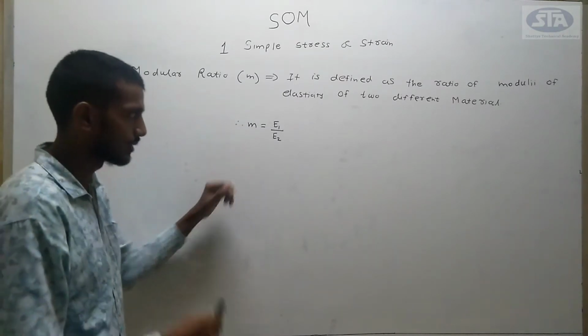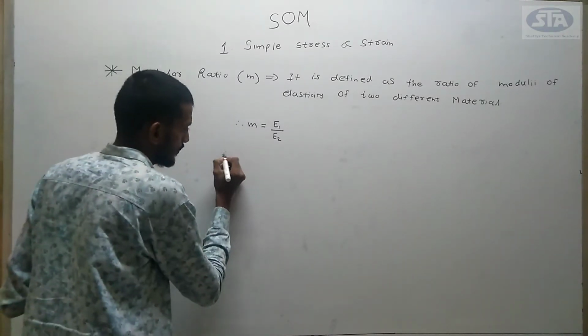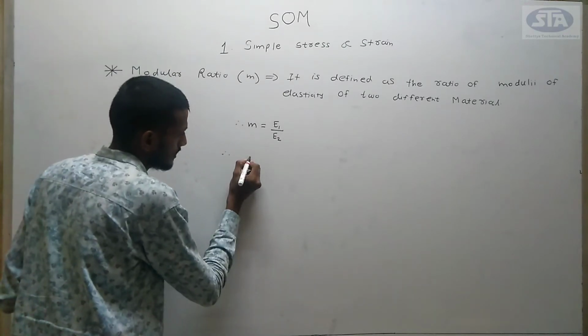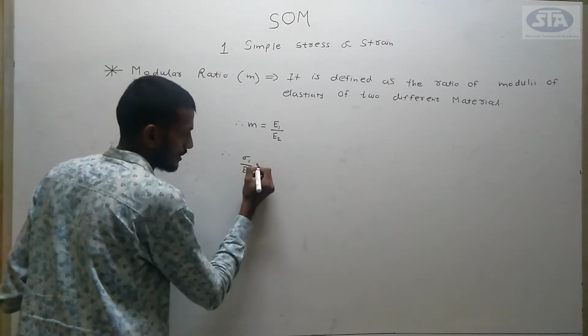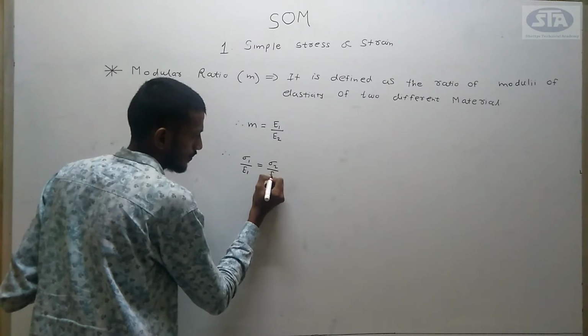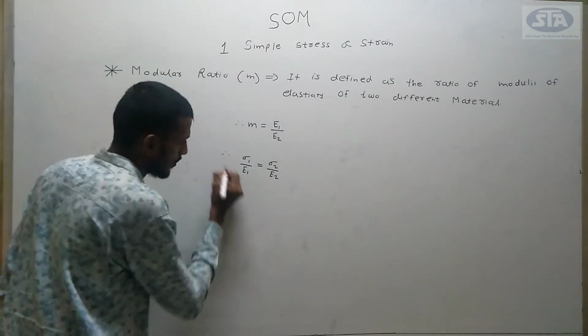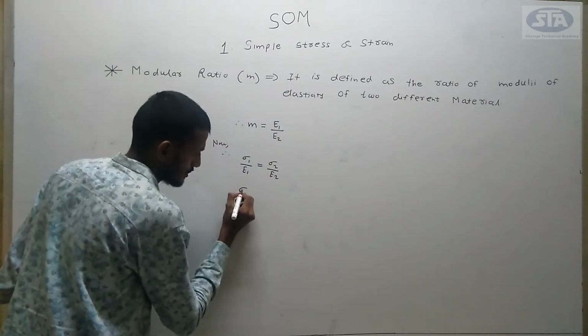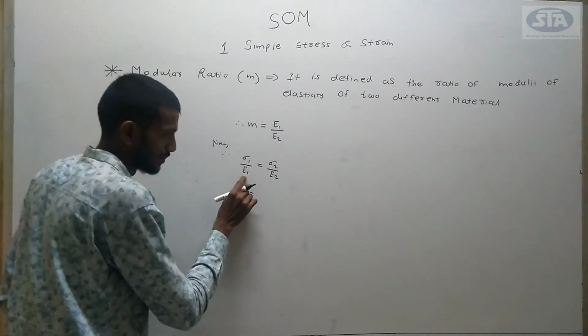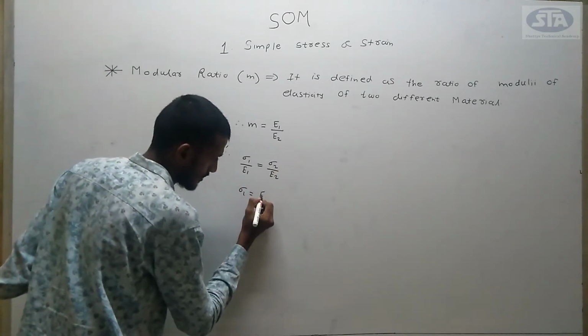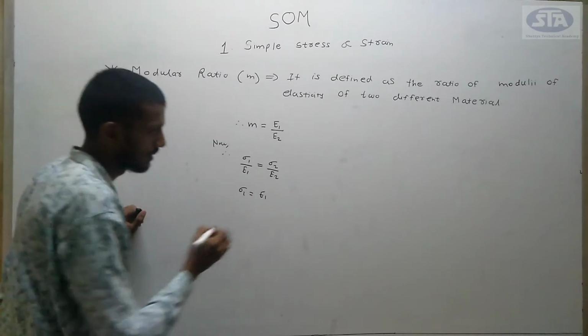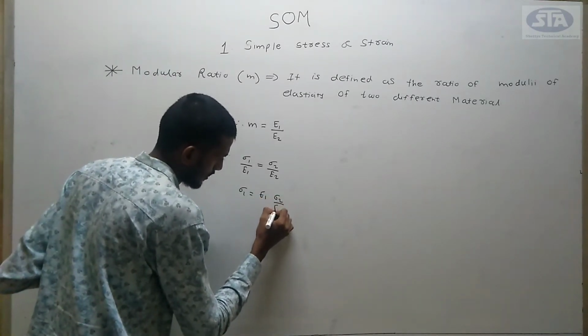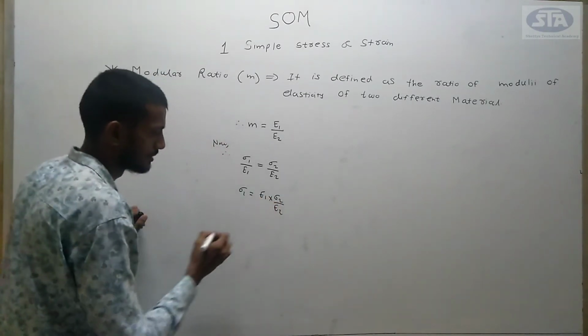Now, previously we already discussed sigma 1 upon E1 is equal to sigma 2 upon E2. Now sigma 1 is equal to, shifting E1 to the right hand side, E1 in the numerator, sigma 2 upon E2, in multiplication with this term.